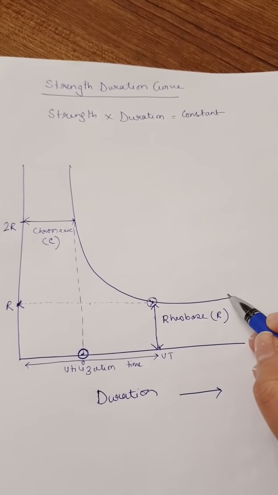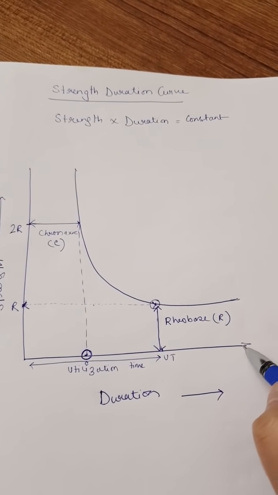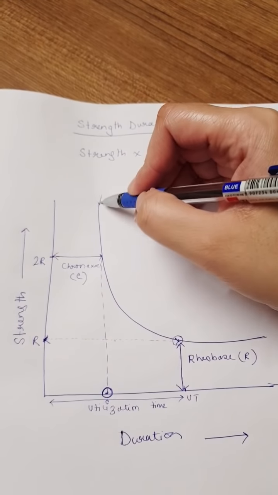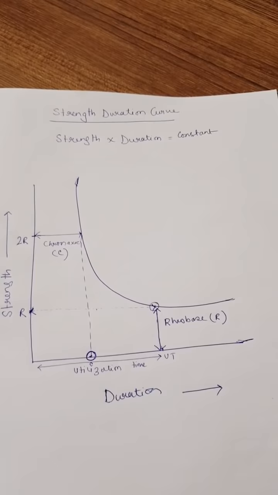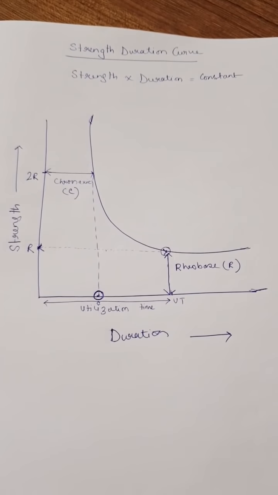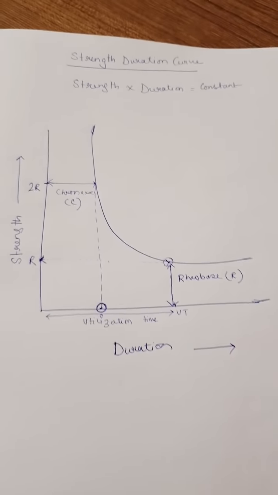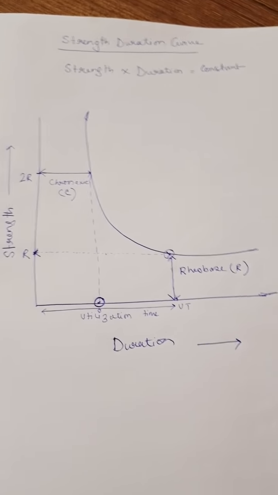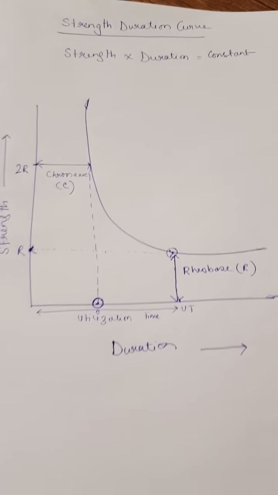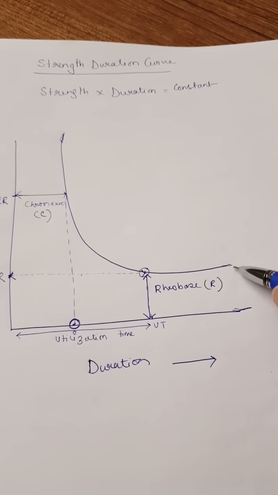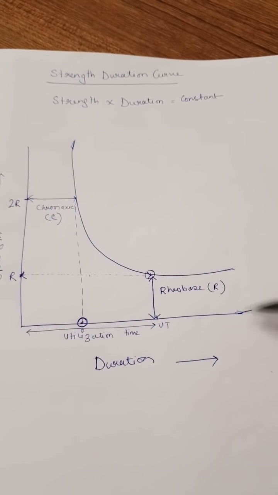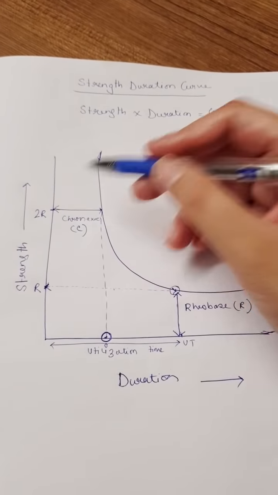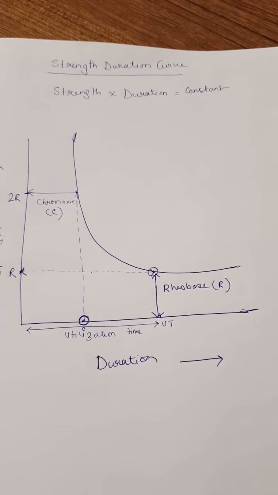See, because the extreme edges are parallel, they never meet the axis. Therefore, a minimum strength is required to produce excitement of the cell, and a minimum time is required to produce excitement of the cell. These curves never meet. There is always a minimum strength required and a minimum duration required.